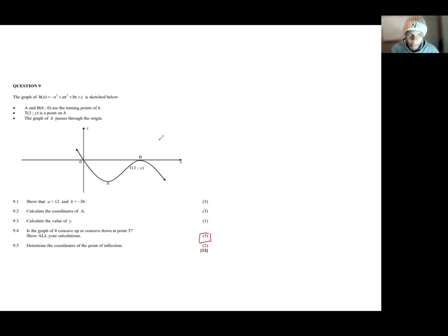Now, given this shape of a graph here, where our a is less than 0, we have a shape like this, right? What you need to understand is that if we can have a point of inflection just somewhere there, let's call this POI for point of inflection. Now, what happens with this type of graph is that from here all the way to that point in blue, this is where the graph is what? Concave up. It reaches the point of inflection, right?